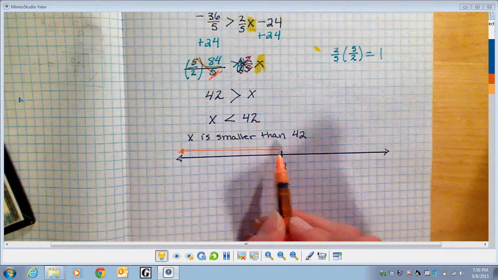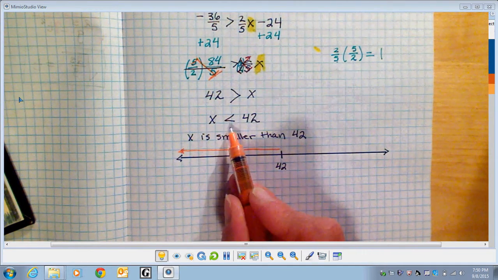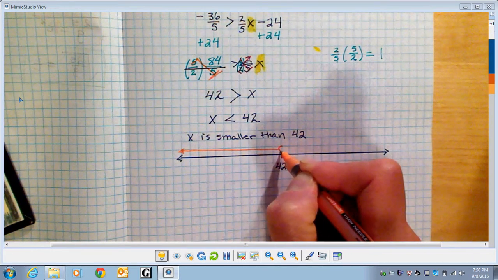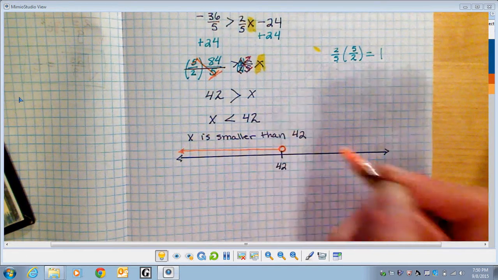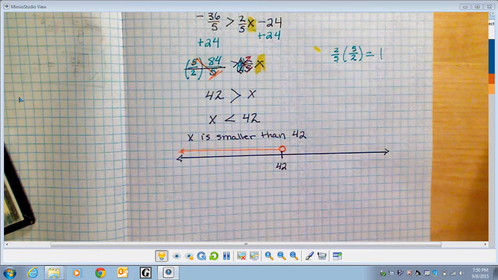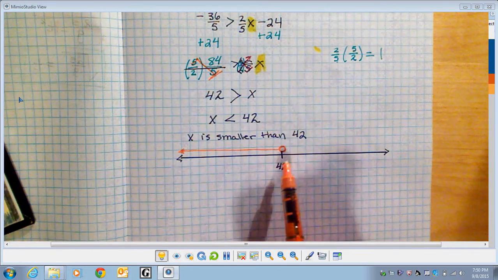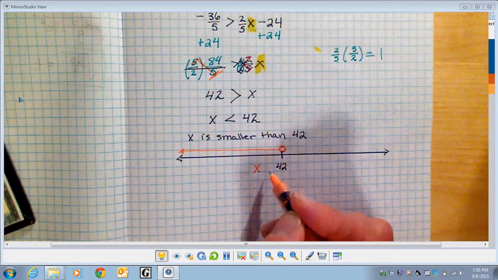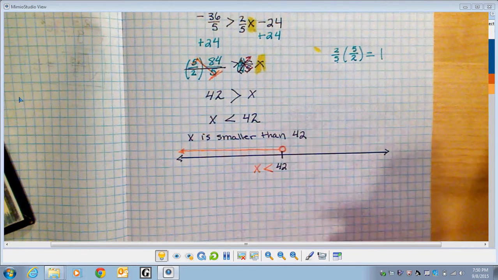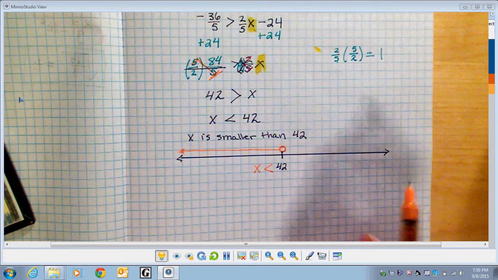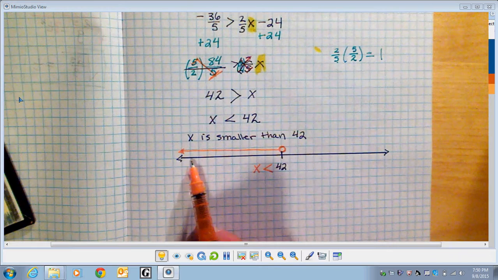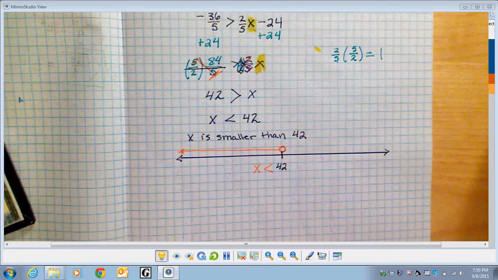Does it include 42? I don't see an equal sign underneath that inequality, which means no. So I'm going to have a gaping hole saying it doesn't touch 42. So that's how I graph it. X is on this side of 42 because it's less than 42. And all numbers to the left are less than the number that we're looking at.